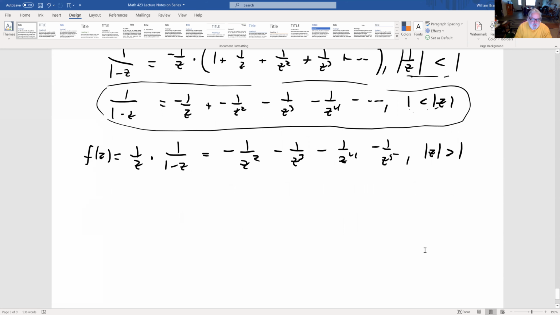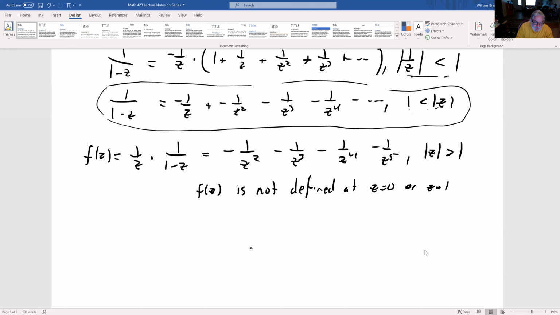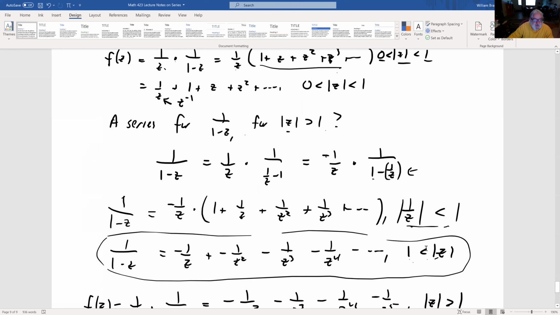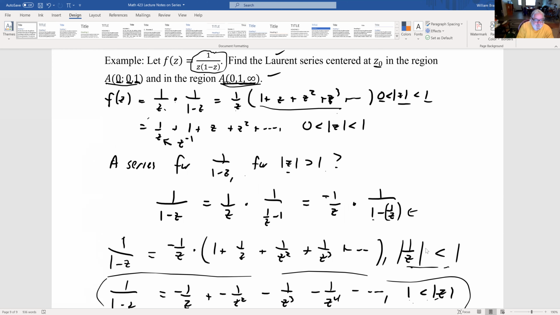So what we've managed to do then is, we have a function not defined at z equals 0 or z equals 1. If this is 0 and this is 1, and this is the circle of radius 1, in this annulus we have one power series. That's this one.